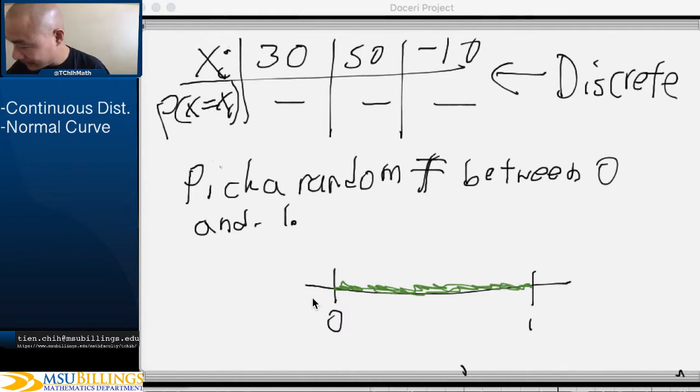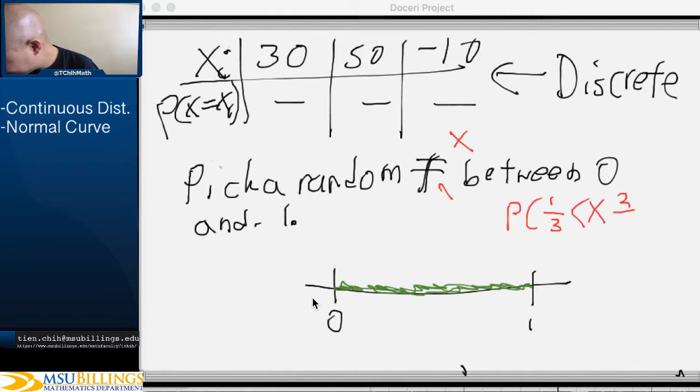For example, let's say I want to ask myself, let's call a number from here x, and let's say I ask myself, what is the probability that x is going to be between 1/3 and 2/3?